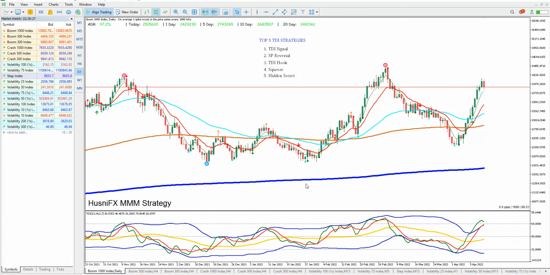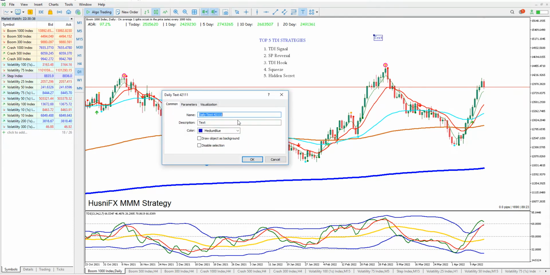When I'm talking about the TDI signal, we are talking about the trend. We are following the trend and also the angle strategy. An angle strategy, that is number one.